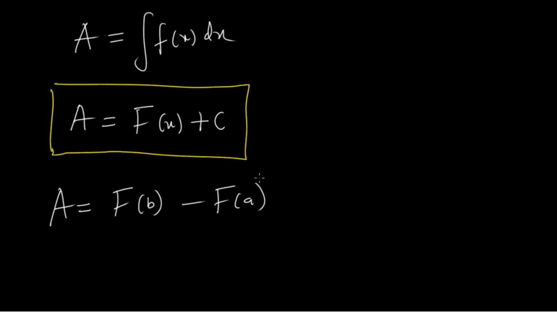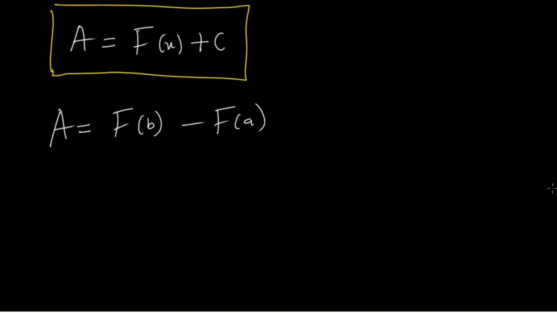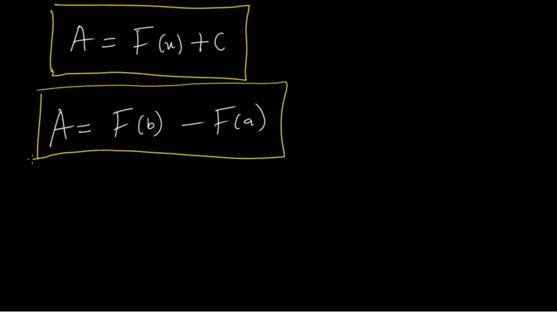So whatever we have this to be will be the area of the whole area under the curve. And in mathematics, we denote this by writing the integral of f of x dx from a to b.